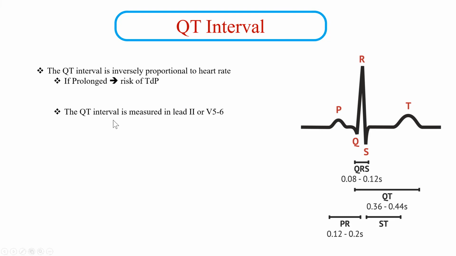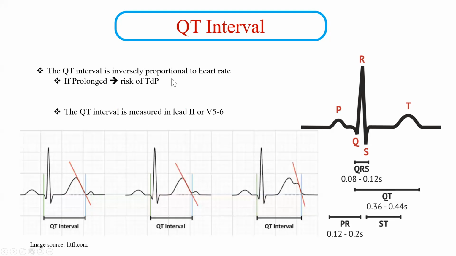Now, whenever we are calculating the QT interval, you should keep in mind when to stop the measurement. If we have a U wave and the U wave is small and separated from the T wave, it's not included in the measurement.